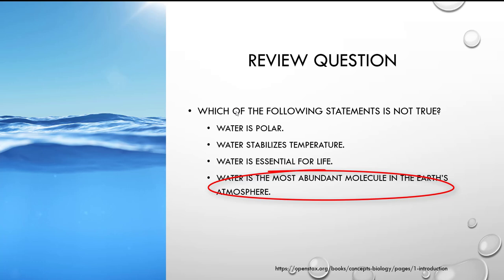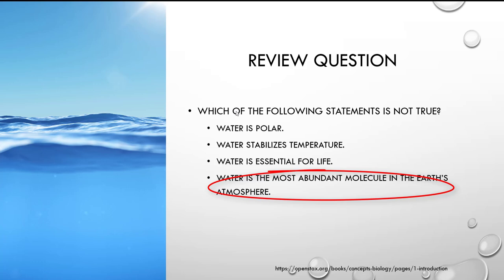But the atmosphere is not made of water, okay? That would be very thick air to breathe. Water is not the most abundant molecule in the Earth's atmosphere. That would be nitrogen. Nitrogen, N2, is the most abundant molecule in the atmosphere. Can you imagine?